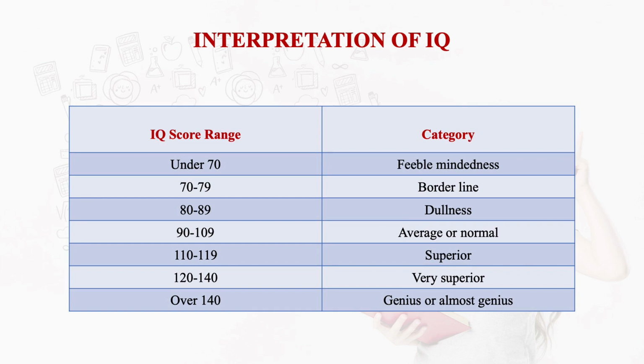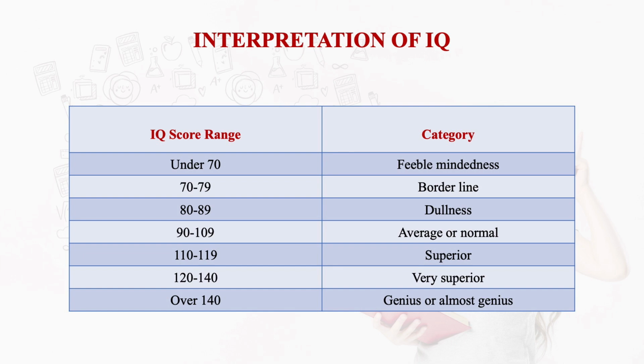Further, so far as interpretation of IQ is concerned, if the intelligence quotient score is under 70, he or she will come under the category of feeble mindedness. If it is within 70 to 79, then it is borderline. If it is 80 to 89, it is dullness. If it is 90 to 109, it is in the category of average or normal.